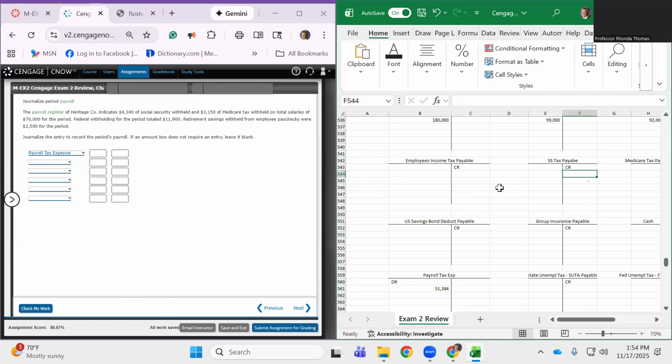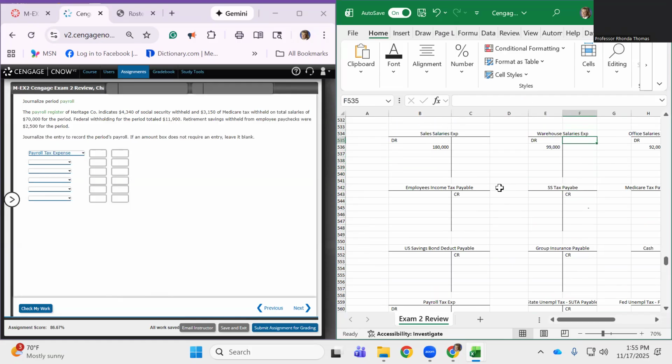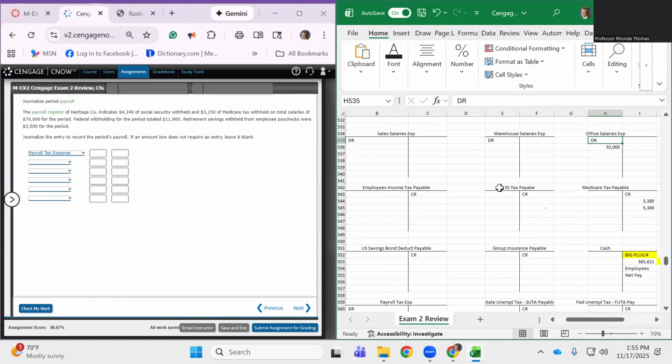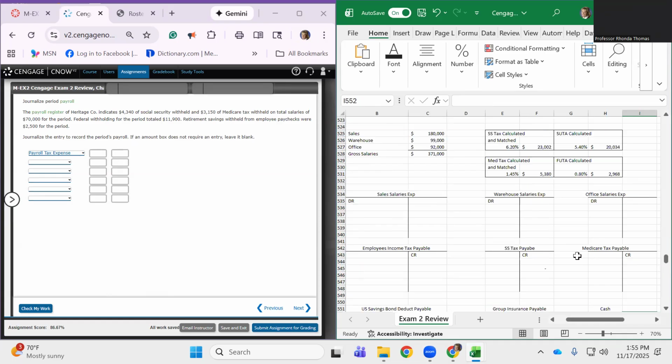This was paying and then making the payroll tax entry. That is a different one. The payroll tax entry happens after you pay people. All right, let's see if we can do this.